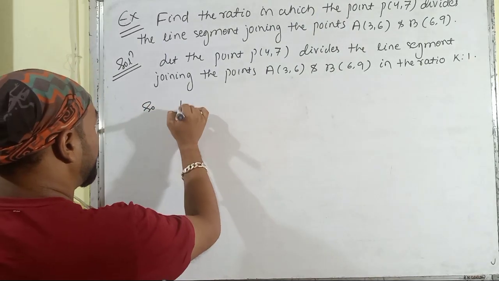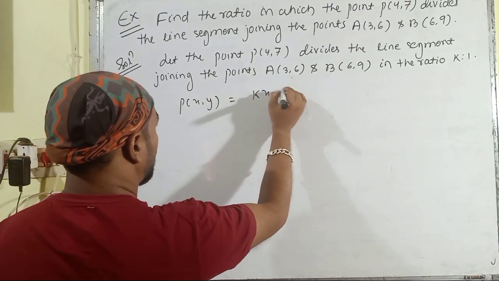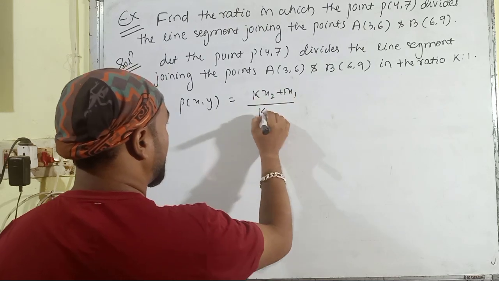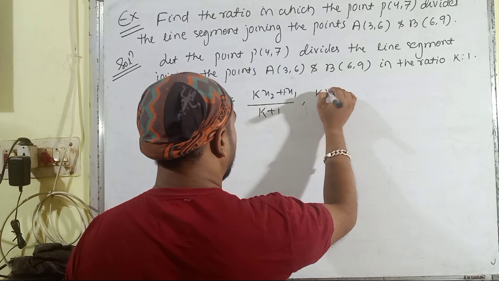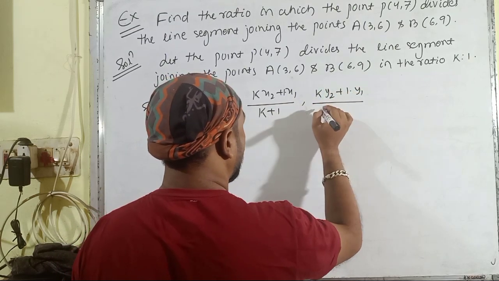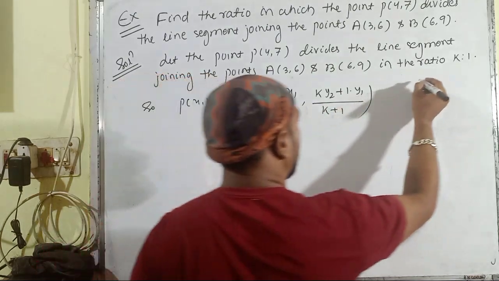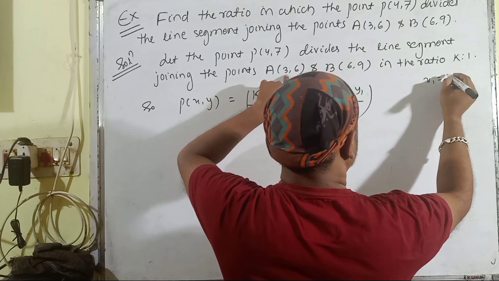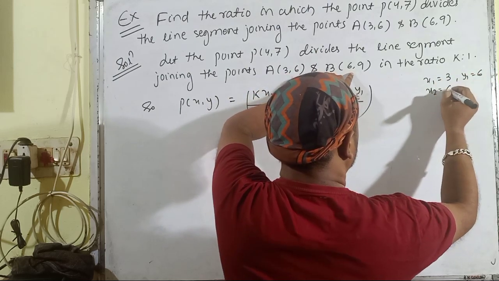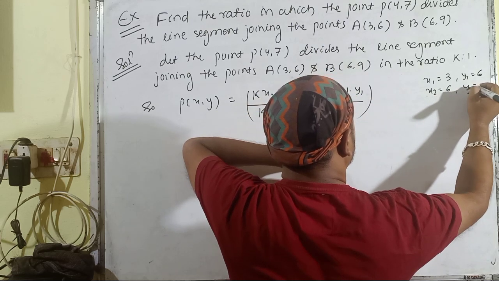So P(x, y) is equal to (kx2 plus 1x1 divided by k plus 1, ky2 plus 1y1 divided by k plus 1). Here x1 is equal to 3, y1 is equal to 6, x2 is equal to 6, y2 is equal to 9.